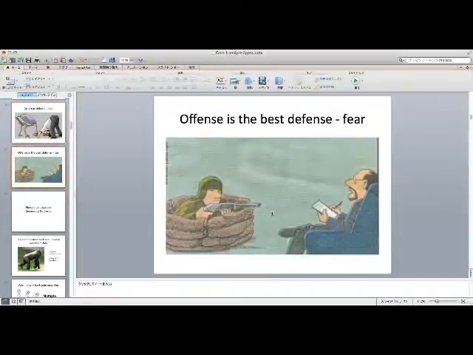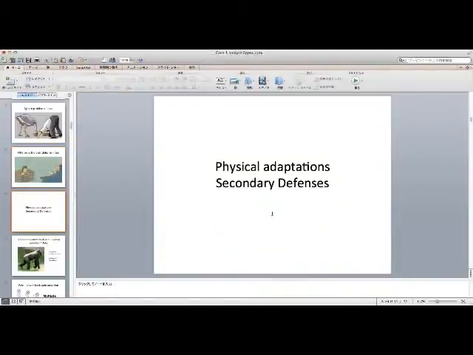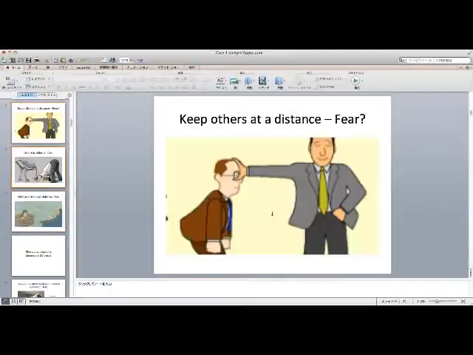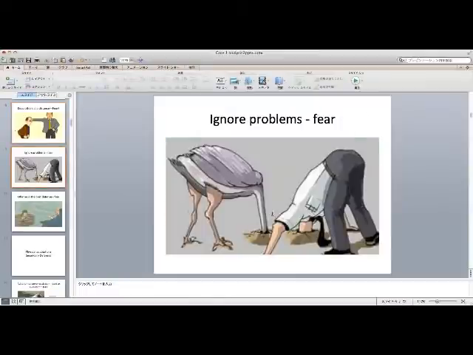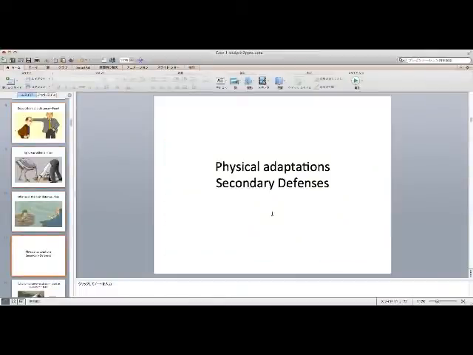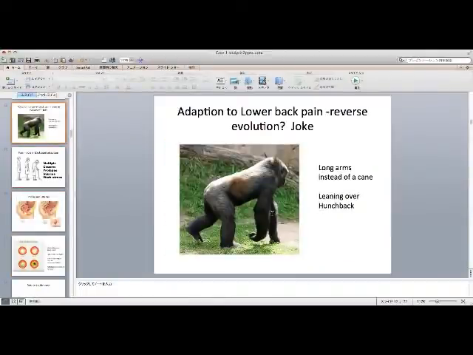And you probably have patients like this who are aggressive out of fear. Now, there are also secondary defenses that are physical adaptations. All of these previous examples are psychological adaptations, right? So now we're going to talk about physical ones.